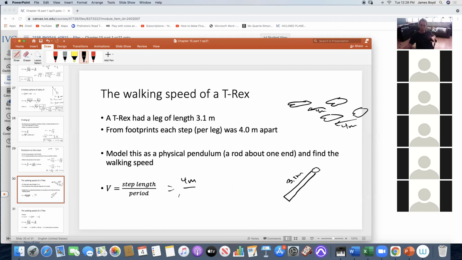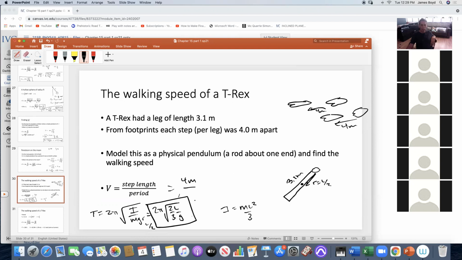Assuming this is a physical pendulum of a rod about one end with I equal to mL²/3, we're going to solve this. Now, to the center of mass, we're going to assume r is L/2. So the period is 2π times the square root of I over mgr, which, no surprise, is 2/3 L over g. This is L/2, and this is mL²/3, so you get everything canceling. We already did that though.